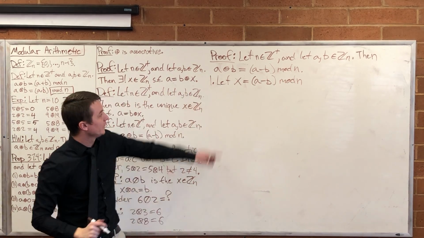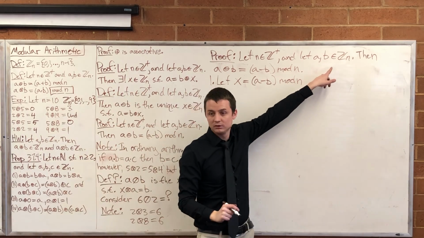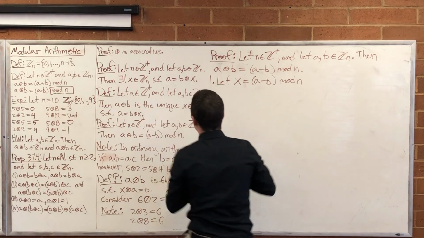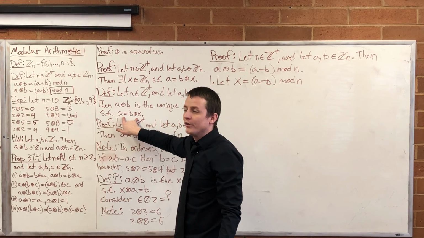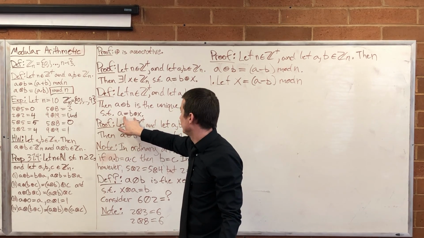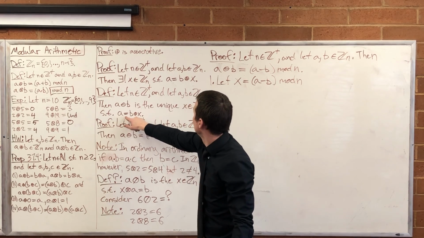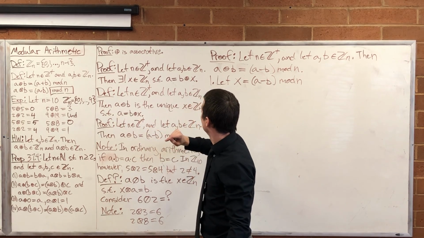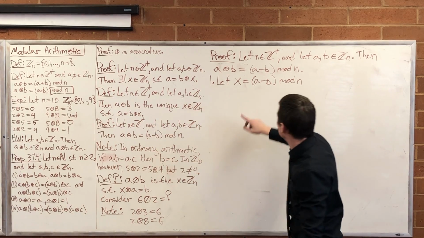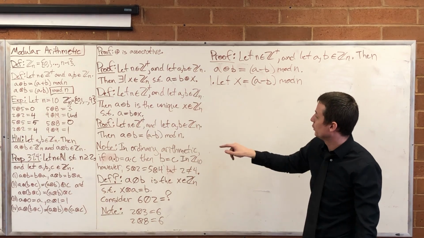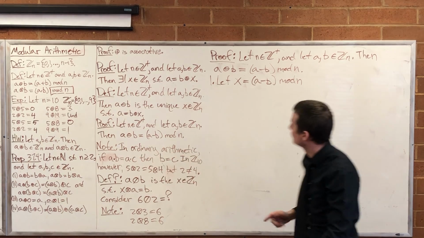First thing we need to show is that x is in Zn. Second thing I'm going to show is that x satisfies this equation. We know that one and only thing in Zn satisfies this equation, namely this here. Therefore, they're the same. So we're going to start with x equal to this.